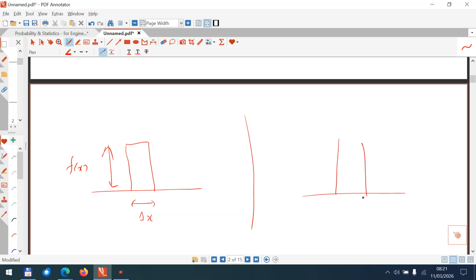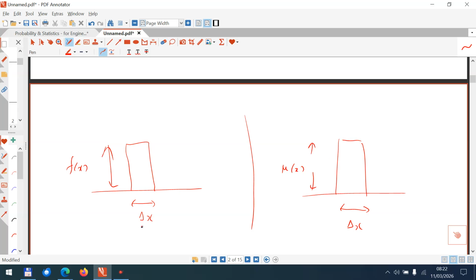And here I am using again delta x, but this time I'm not dealing with probability. Let's say I have some other function, let's call it mu, something mu of x.